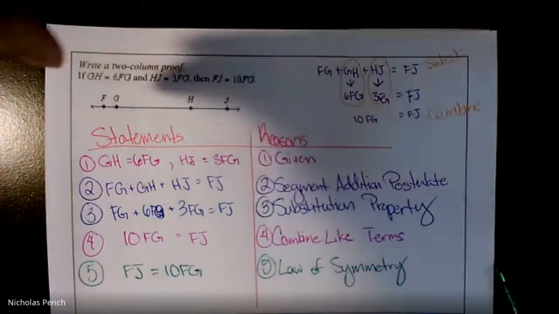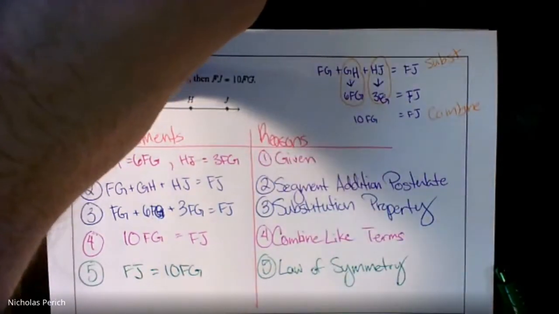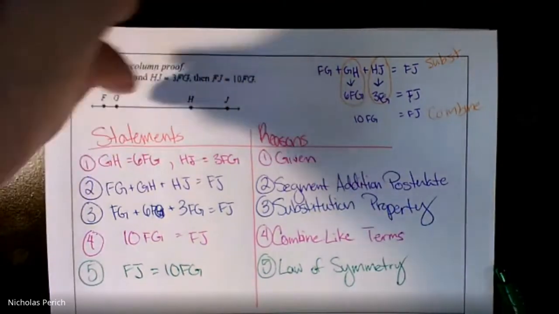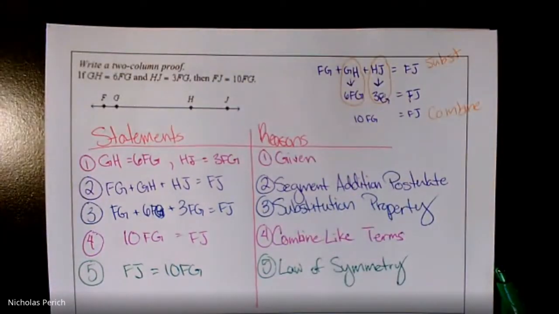So if I have 3 of those and add the 6 of them and the 1 of them, then I get 10 of them, and I just have to write that out as a proof. But the main guy is the fact that I used reason 2, the segment addition postulate. When you say this segment plus that segment equals that segment, I'm using the segment addition postulate.